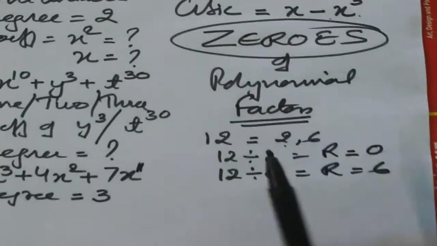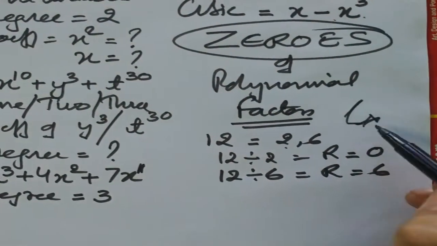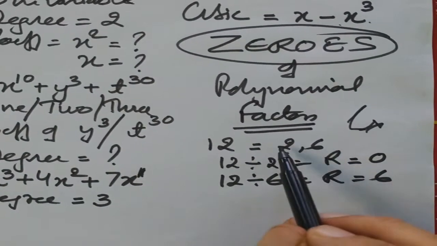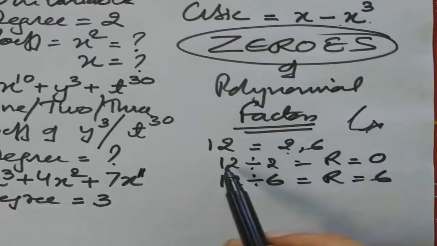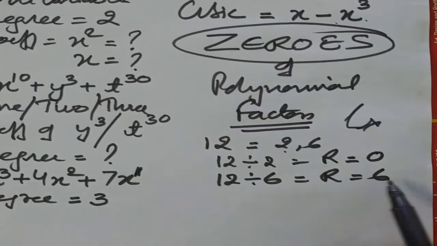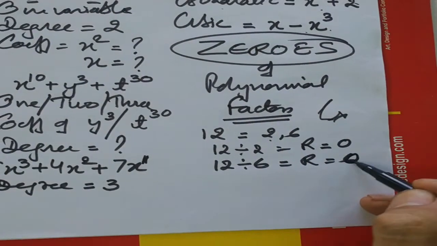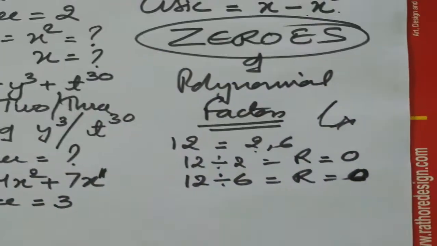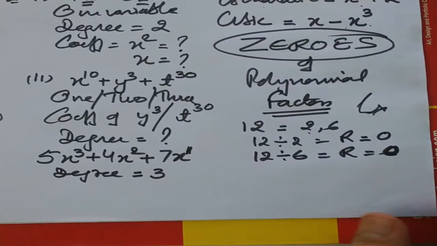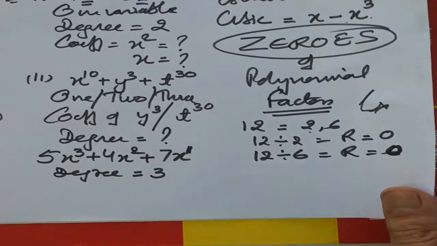This is just an example: 2 is a factor of 12 because when you divide 12 by 2, the remainder is 0, and when you divide 12 by 6, the remainder is also 0. So in this topic, we will understand the meaning of zero of a polynomial. Okay, let's quickly see one example and then we'll move on.